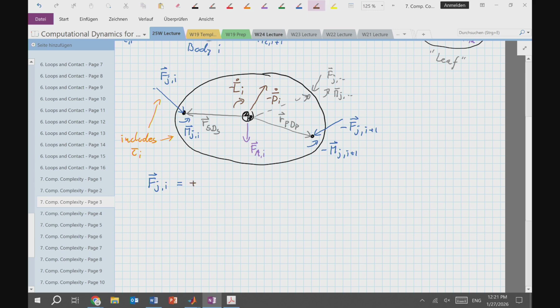So we get plus the D'Alembert force minus the active force plus, and I will write this with some sloppy notation as the sum of all j I plus 1. If there's more than one, we'll just sum up with some numbering scheme that I'm too lazy to figure out.